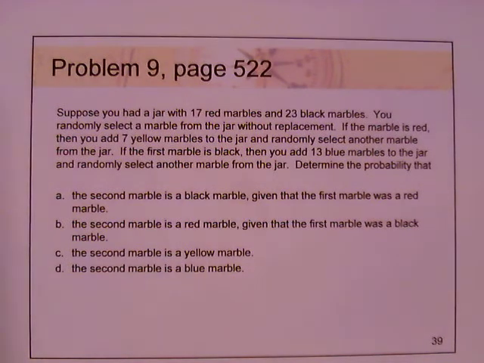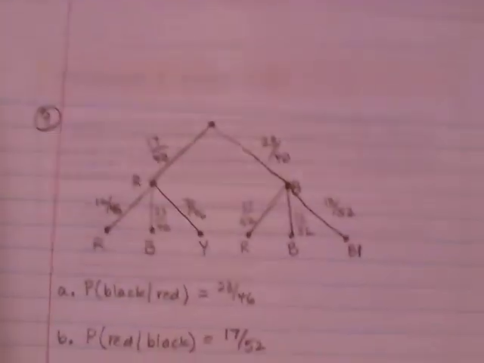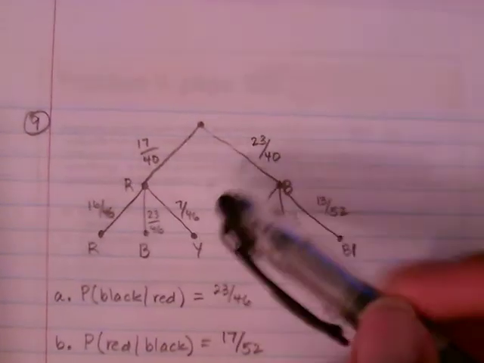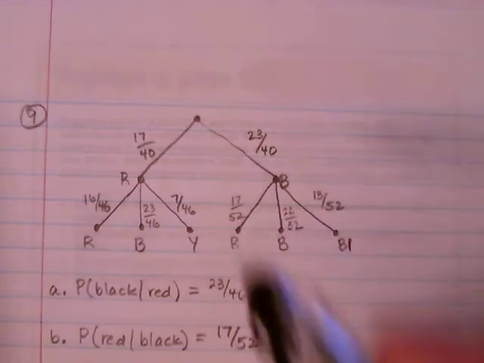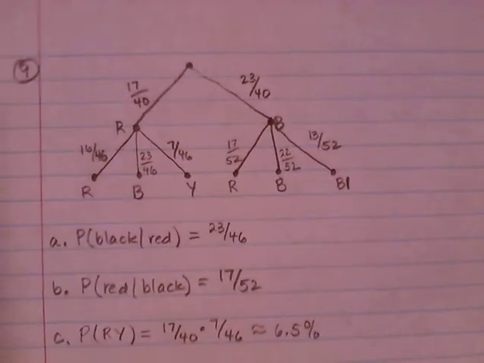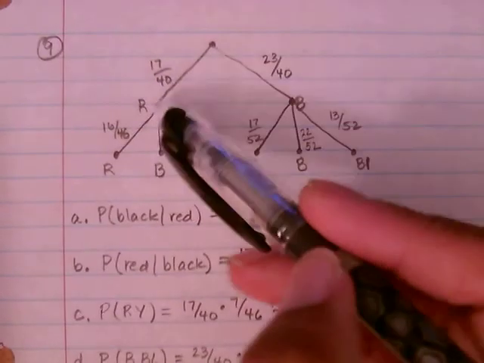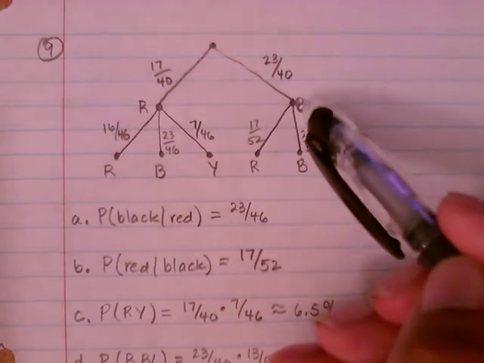This is where we can construct a tree diagram from this particular situation here. And I've already worked this problem out, so for the sake of time, this is what the tree diagram looks like. We start with, of course, red, and I'm letting B be black.